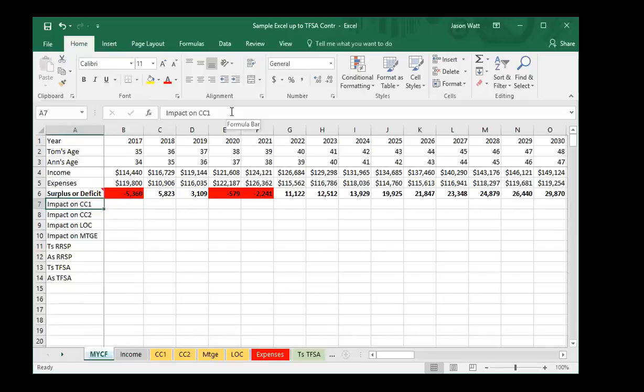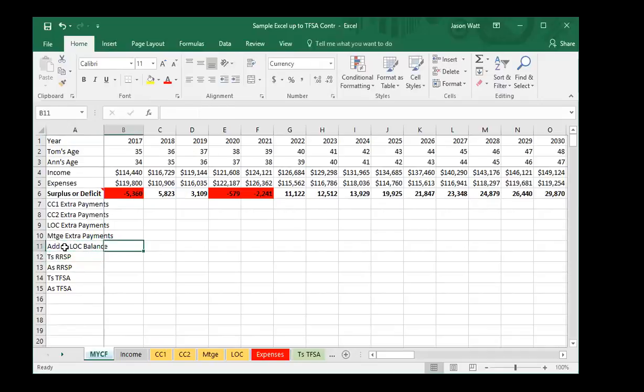So how do we do that? Well, actually, I'm going to leave that how I had it. I'm sorry. And I'm going to build in another row here. And we're going to build another row for line of credit, or add to line of credit balance, something like that.